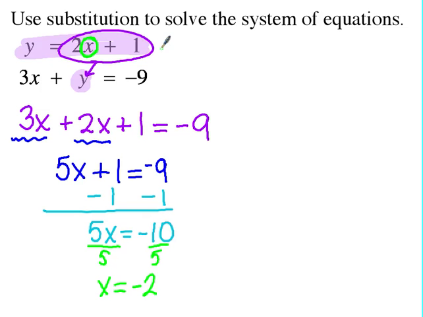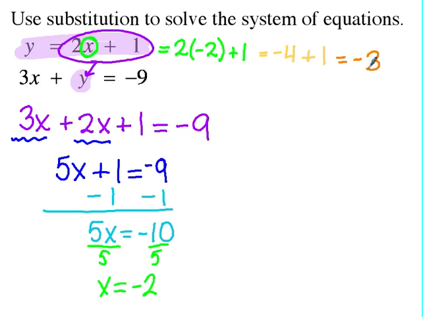So I've got 2 times -2 plus 1. What is 2 times -2? Plus 1. And so what is -4 plus 1? -3. So that is what y equals.